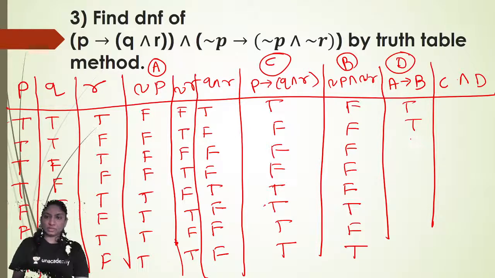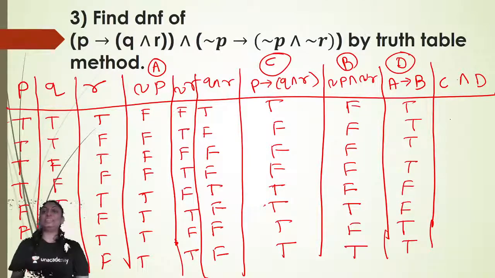Right? Here is also T. A implies B, so here again FF, T, TF, F. Then again TF, F. Here is T and T.